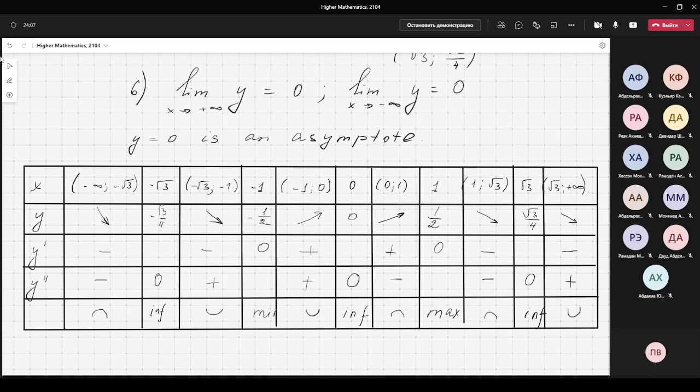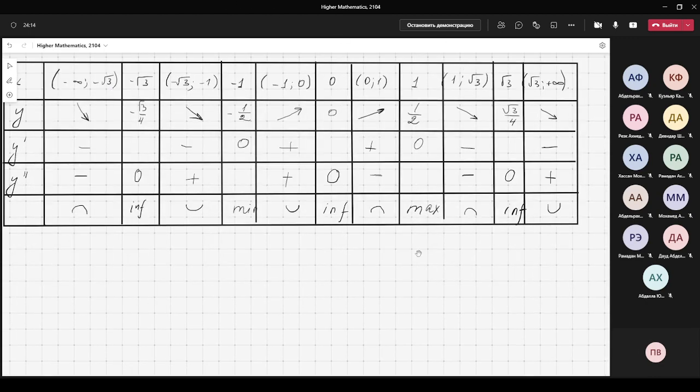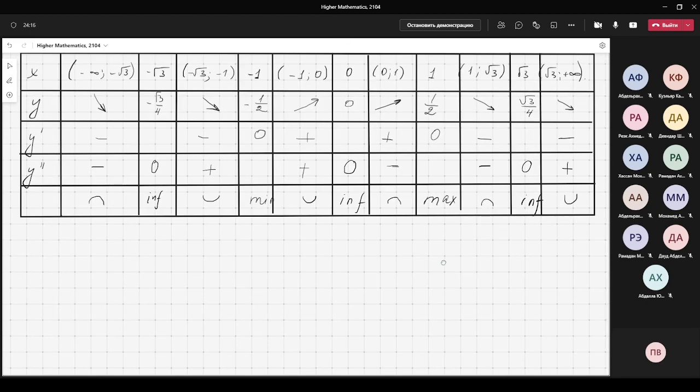Okay. And now let's plot the graph of this function.